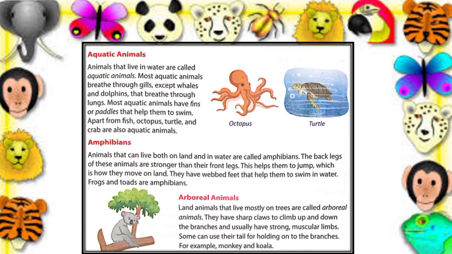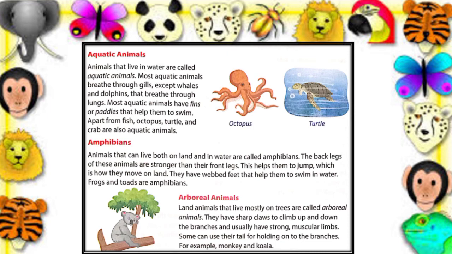The back legs of these animals are stronger than their front legs, and this helps them to jump, which is how they move on land, and they have webbed feet that help them to swim in water.